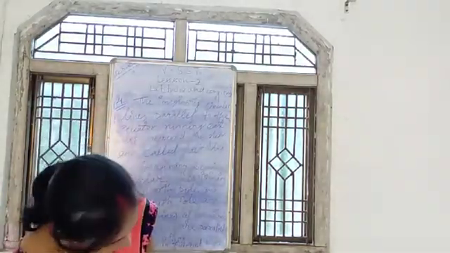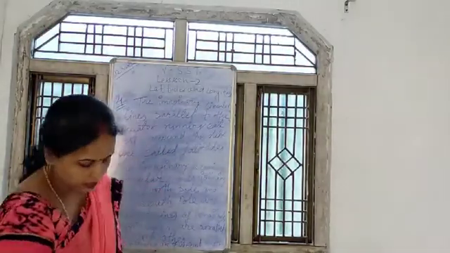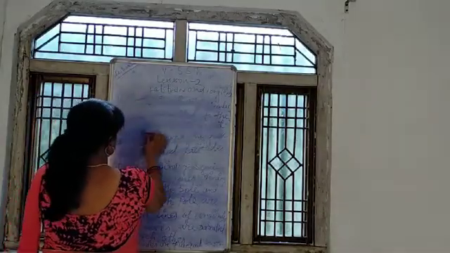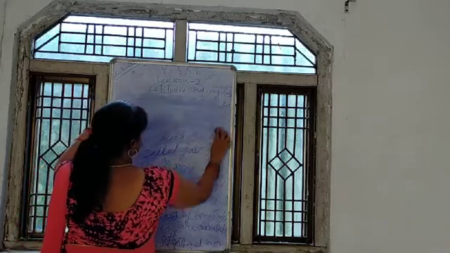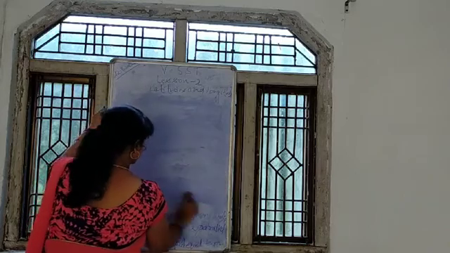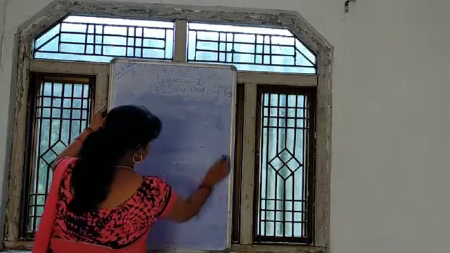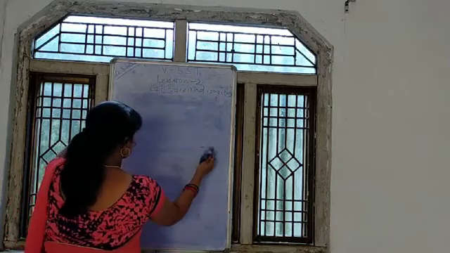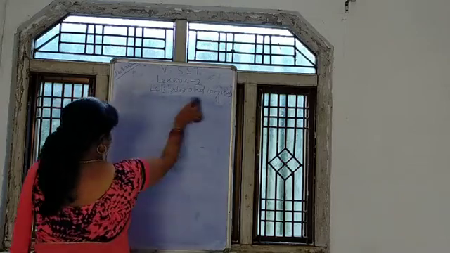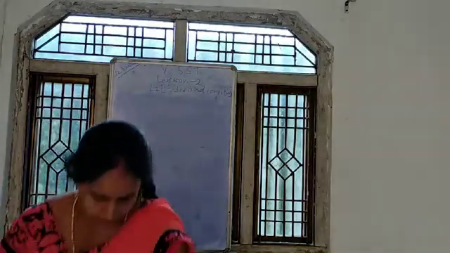Now the next question. What is the next question here? How do the latitude and longitude divide the globe? Name the parts.